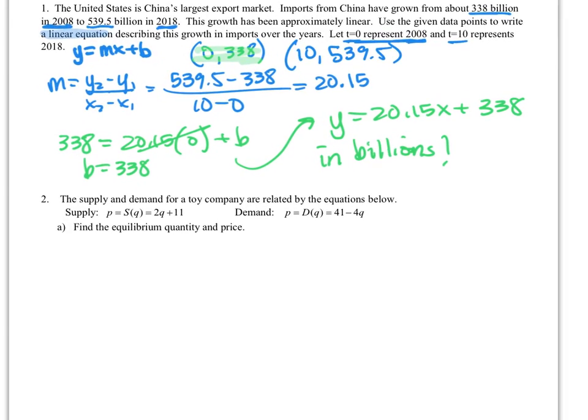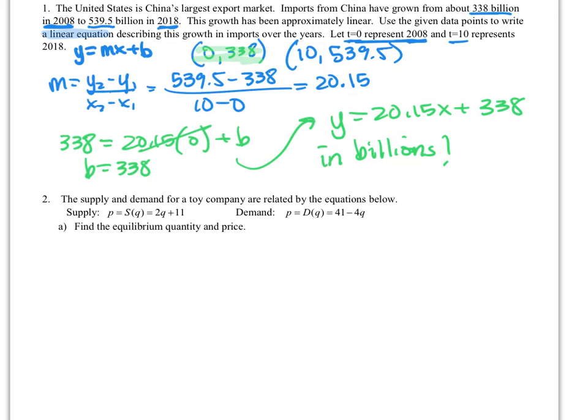All right, the next question. The supply and demand of a toy company are indicated by this equation for the supply and this equation for the demand. What you have to realize is that P stands for price. An equilibrium of a supply and demand is what it's asking for, the quantity and the price.